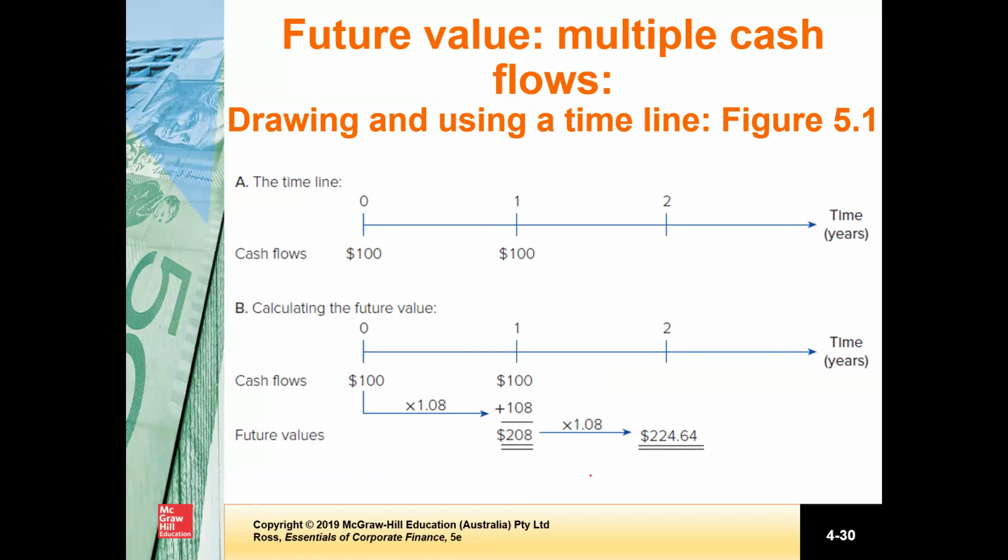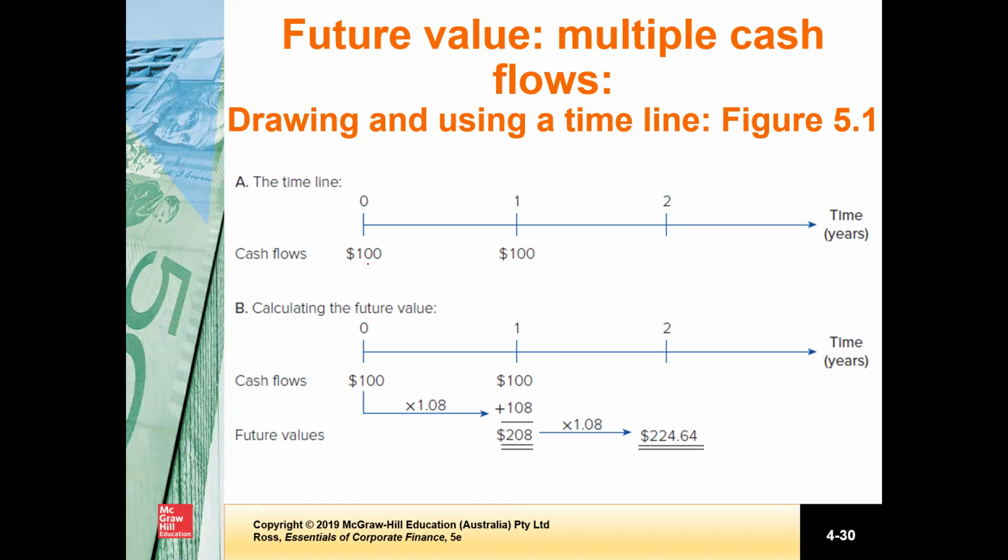Okay. So these timelines are very useful in solving complicated problems too. So anytime you are having trouble with a present value or future value problem, drawing a timeline will help you solve the problem. So in the first part of the figure, you can see that the most important thing is the cash flows are shown when they actually occur.